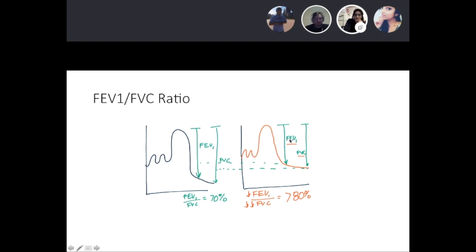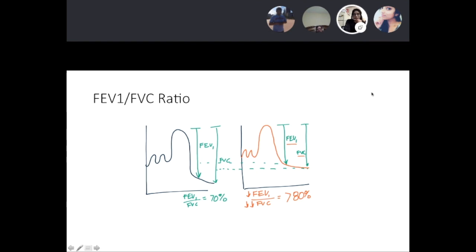So here, the expiratory volume at 1 minute decreases, but the FVC, or that vital capacity, decreases even more compared to the normal. If we look at the ratio, we see a decrease in both, but more on the bottom than the top. That's going to lead our ratio to be greater than 80%. How does that sound for you guys? Anybody want to add anything?